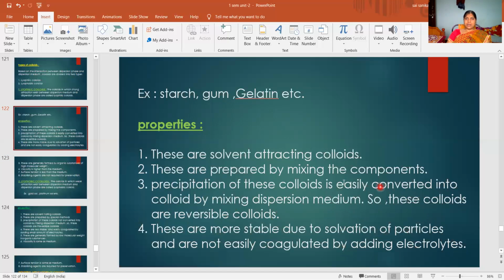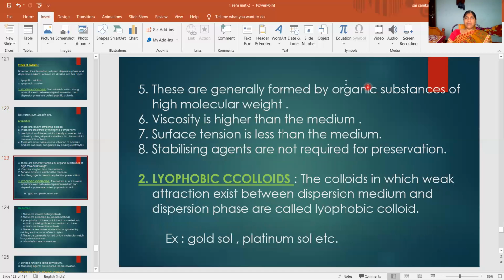That means water molecules are adsorbed surrounding them. So when you add any electrolyte, they are not coagulated. These are made up of organic substances of high molecular weight. Its viscosity is higher than the medium. Surface tension is less than the medium, and stabilizing agents are not required for preservation.